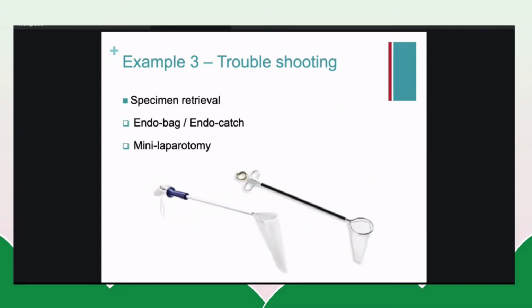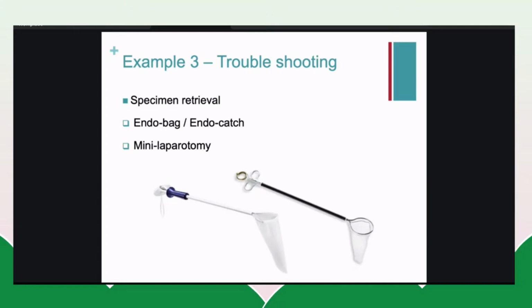Another trouble is how we can retrieve the specimen. We have to get it ready during the setup. We can ask the nurse to have the endo bag or endo catch ready, so that after we perform the hysterectomy, we can insert the uterus inside the endo bag, retrieve the uterus from the vagina, and then dissect or morcellate it inside the bag.